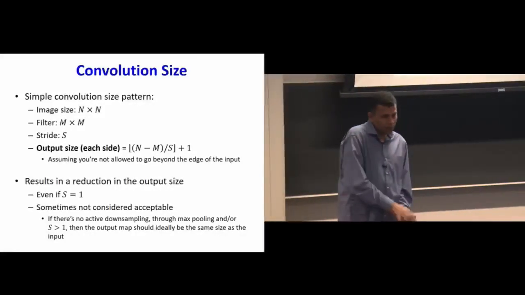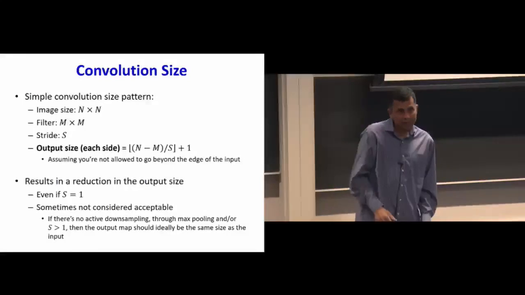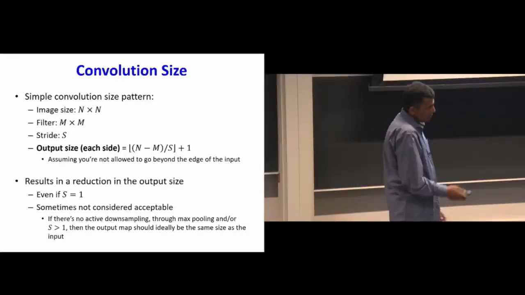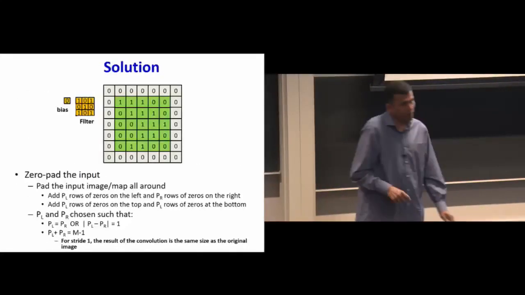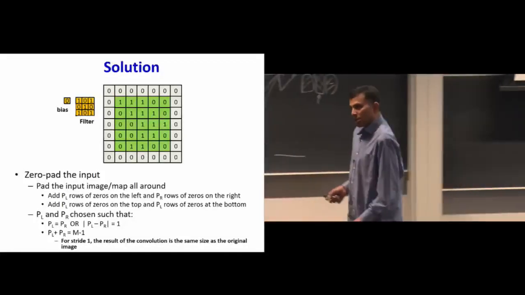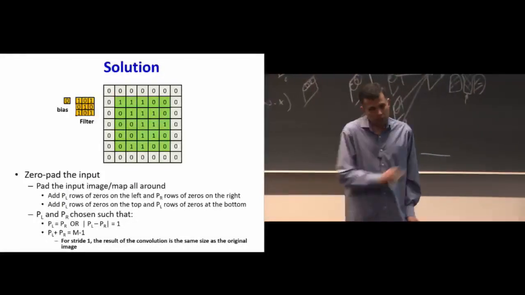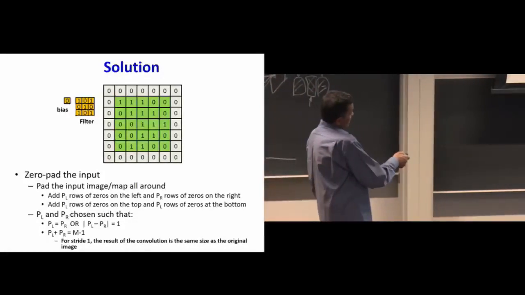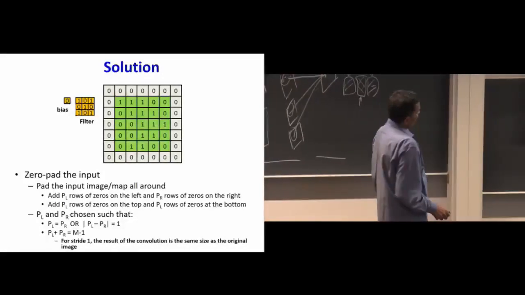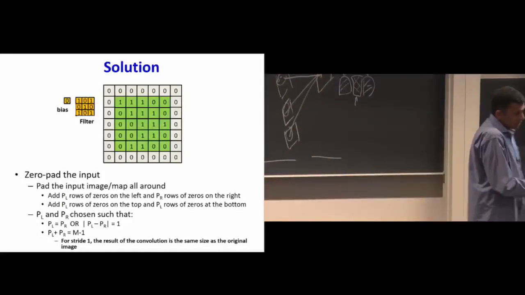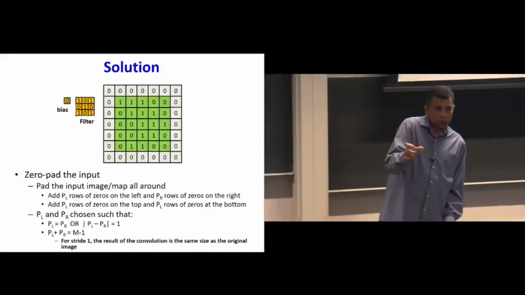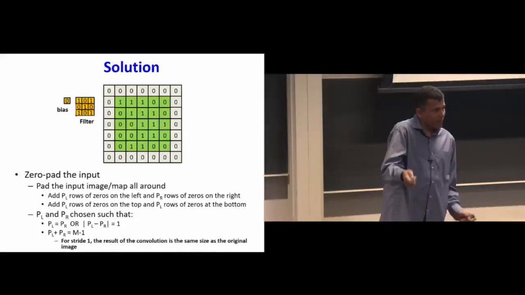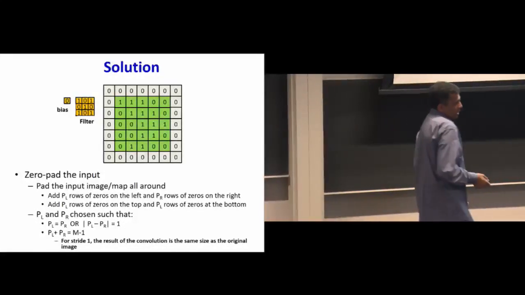You want the result of a scan to be the same as the size of the original picture itself. So in these cases, what you would try to do is pad the original image with zeros symmetrically, so that when you're done scanning, the resulting output is the same size as the picture inside, right? The way you would do it is to see how many columns you would lose, and you distribute that many columns evenly on both sides of the picture.